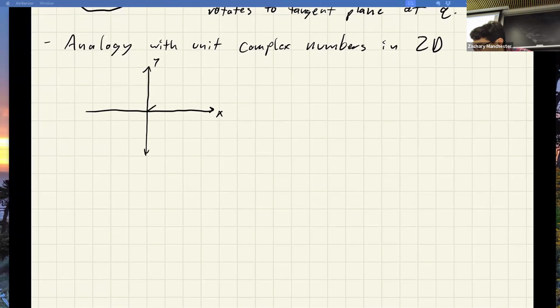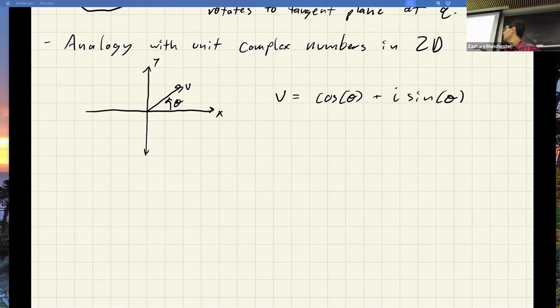Let's say we've got some vector v at some angle theta here. I can write this as cos theta plus i sine theta. This is a unit vector. I can think of these as the real and imaginary components of a complex number, or the X and Y components.